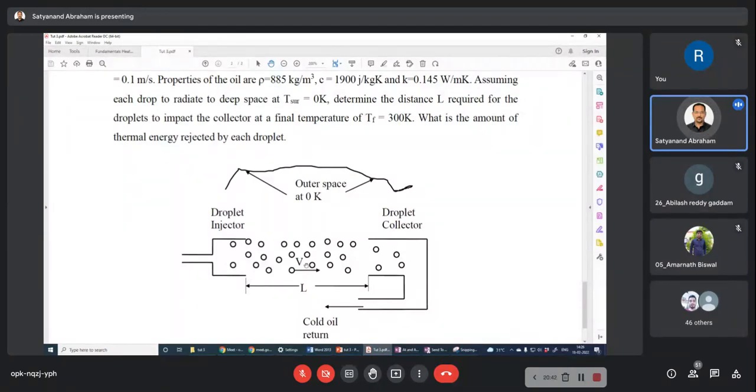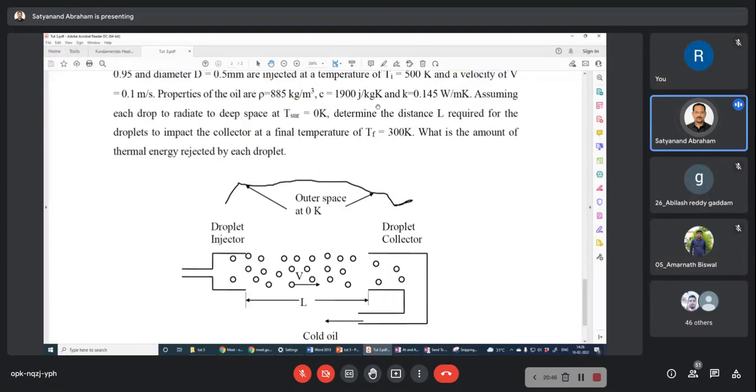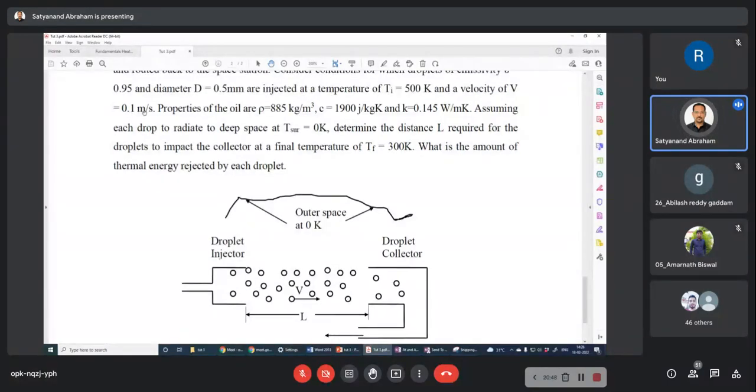The velocity at which we push the droplets is given as 0.1 meter per second. What is asked first is the length: what should be the length of our system such that we allow radiation over this much length.